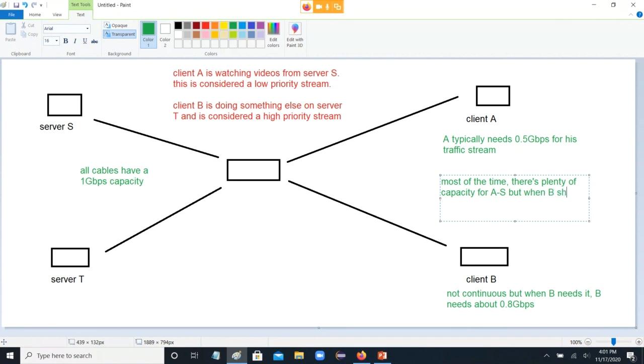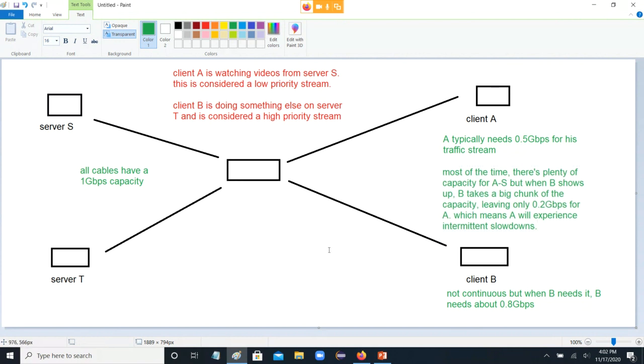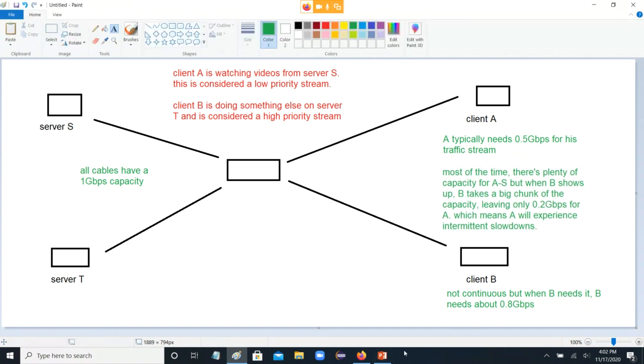But when B shows up, B takes a big chunk of the capacity, leaving only 0.2 gigabits per second for A, which means A will experience intermittent slowdowns. Okay, and there's not really much that A can do about this. It's just going to happen.